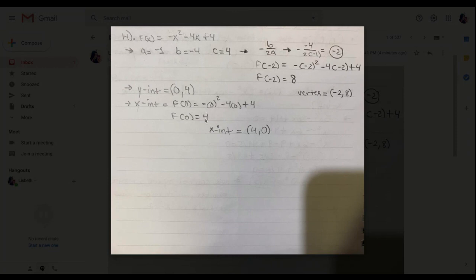For y, right? You don't get 4, 0. You put x equals 0 and get f of 0. Your x value is 0. So your x-intercept is not an x-intercept, it's a y-intercept. It's 0, 4.